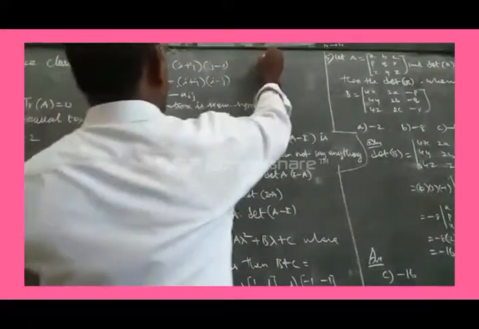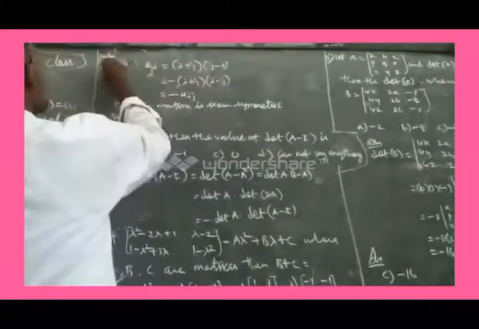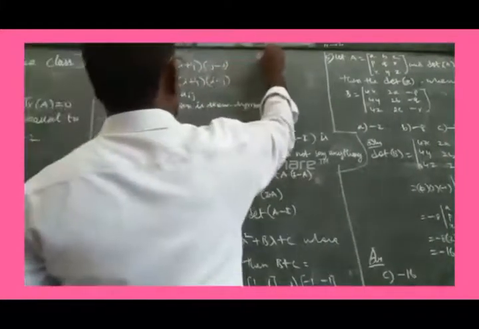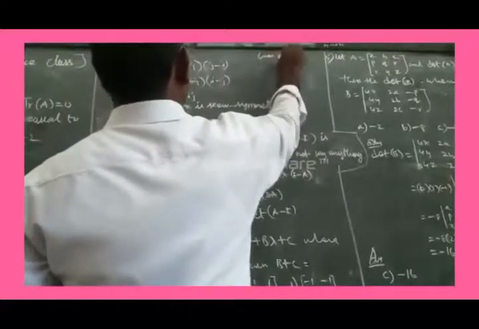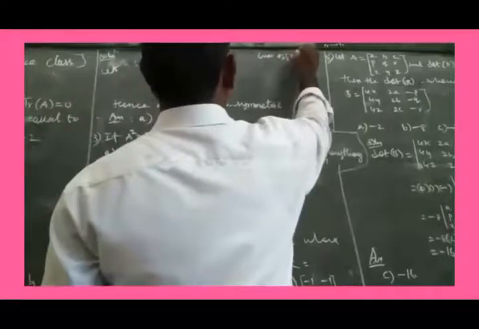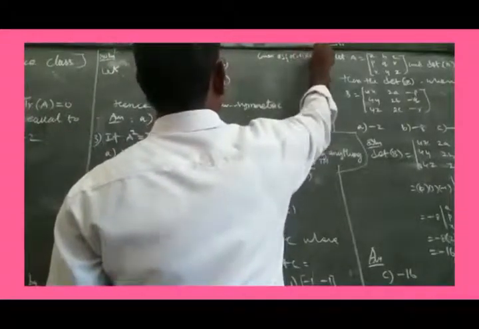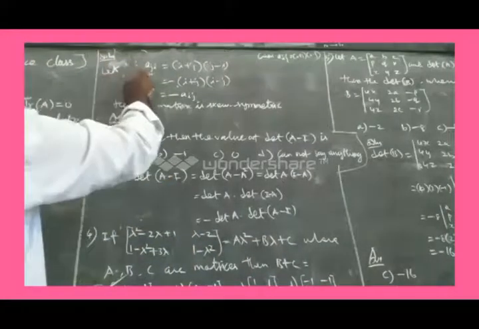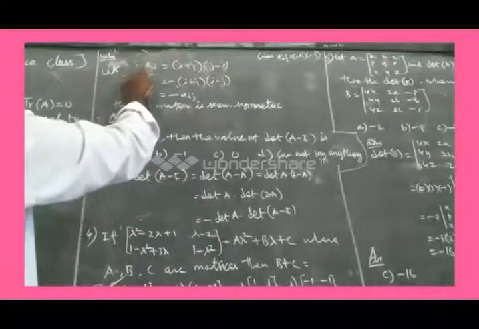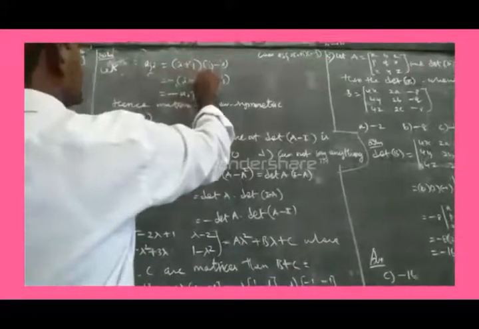Given Aij is a square matrix of A. So, Aij equal to (i plus j) into (i minus j). But let Aji equal to (i plus j) into (j minus i).